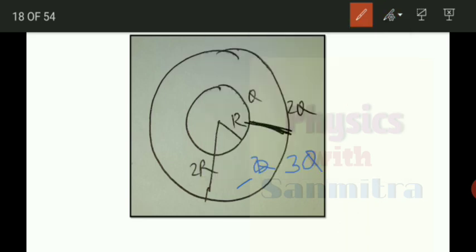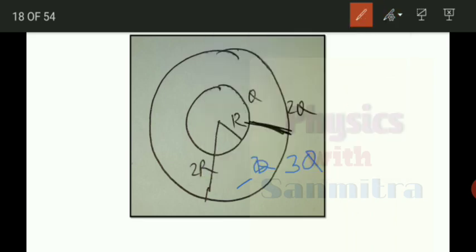Now when I am connecting these two, what is happening? The potentials become equal. And one more property which we will be using will make it easier: charges move outwards.